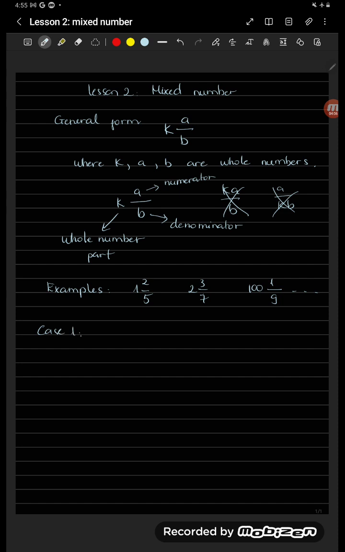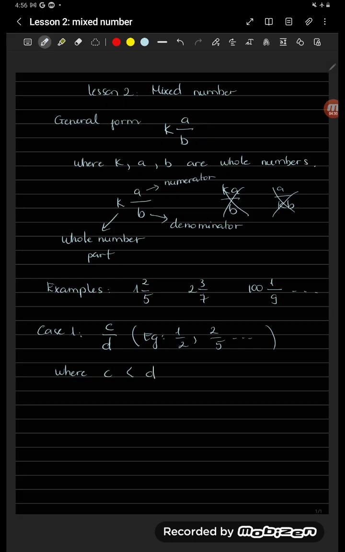Case 1, we have a fraction c over d, for example 1 over 2, 2 over 5, where the numerator c is smaller than the denominator d.